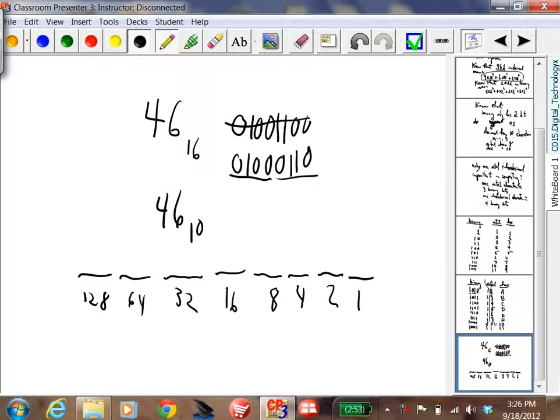Now, how do I do 46 in binary? Well, I go out here to the biggest one that's less than 46. 1 is smaller than 46, 2, 4, 8. 32 is smaller than 46, but 64 is bigger than 46. So I know I can't use any of these that are bigger. So I put in a 32, and then I just subtract that 32 from the 46 to see what else is left over.